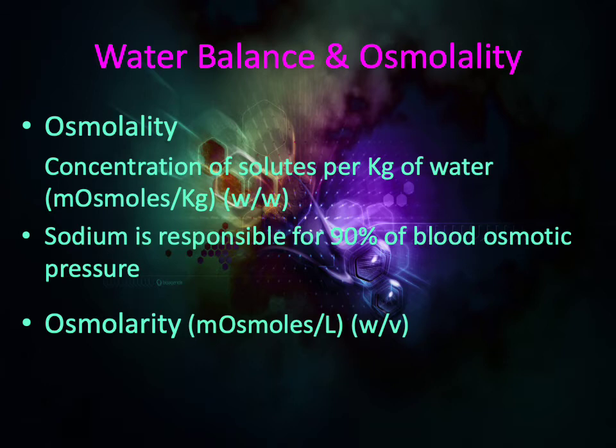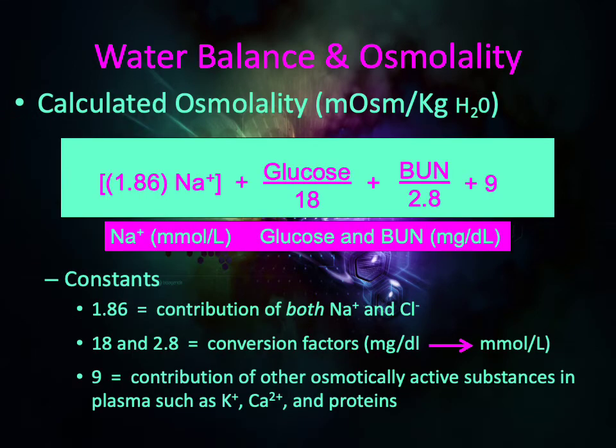Sodium is responsible for approximately 90% of the osmotic pressure of blood because sodium is the most abundant cation in the extracellular fluids. While we can measure osmolality directly from serum, plasma, and urine, it is also possible to calculate osmolality from measuring the sodium, glucose, and BUN, or blood urea nitrogen.